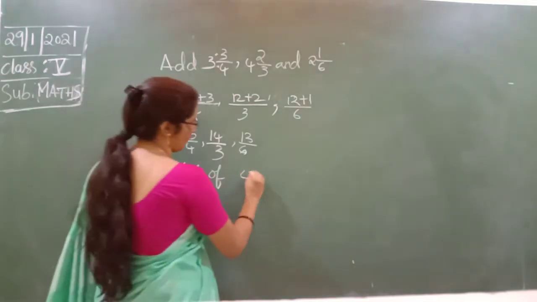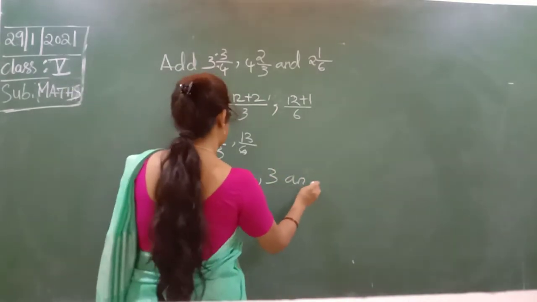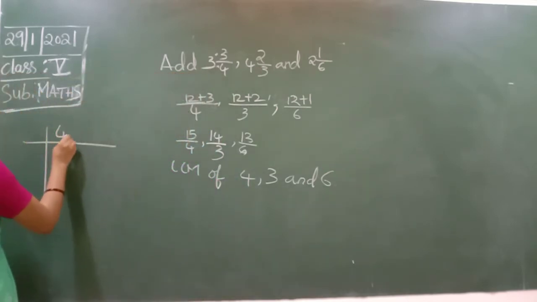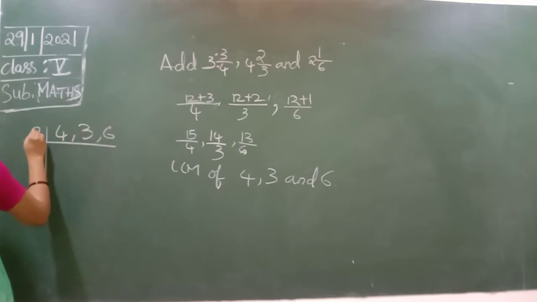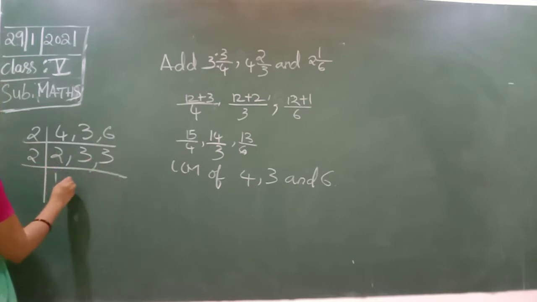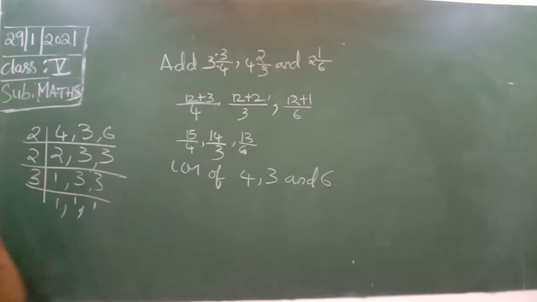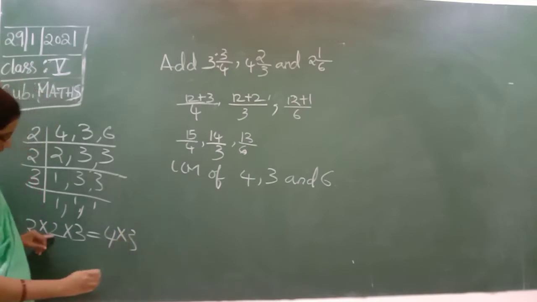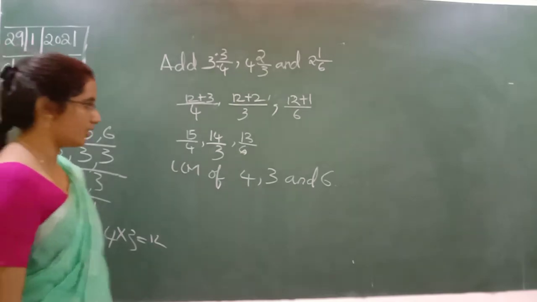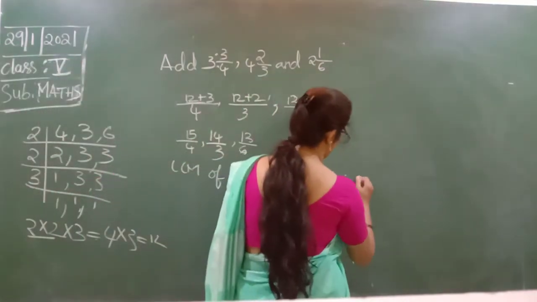What are the denominators? 4, 3 and 6. 2 into 2 into 3. 2 into 2 is 4, 4 into 3 is 12. The LCM of 4, 3 and 6 is 12.